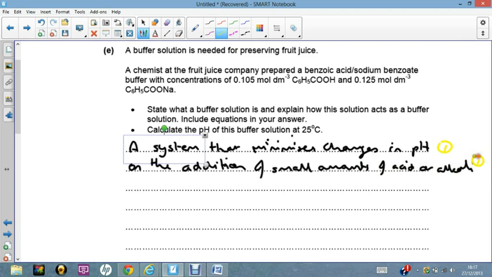And 1 mark for saying the second bit. So a system that minimises changes in pH on the addition of small amounts of acid or alkali. Then it says, explain how this solution acts as a buffer solution.